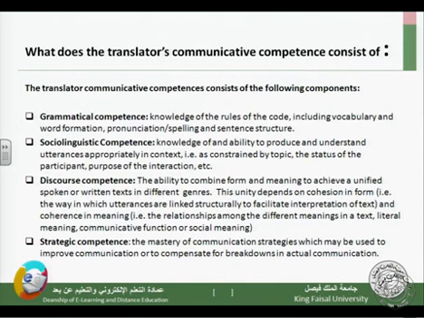Now, a third one, discourse competence. Discourse competence, the ability to combine form and meaning to achieve a unified spoken or written text in different genres.